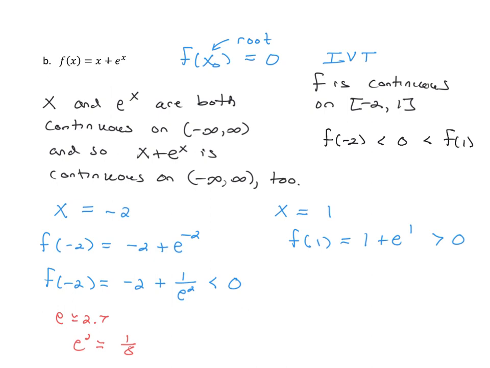So therefore, by the intermediate value theorem, there exists an x naught in the interval from -2 to 1 that is a root. And that is enough to justify the existence of the root here.